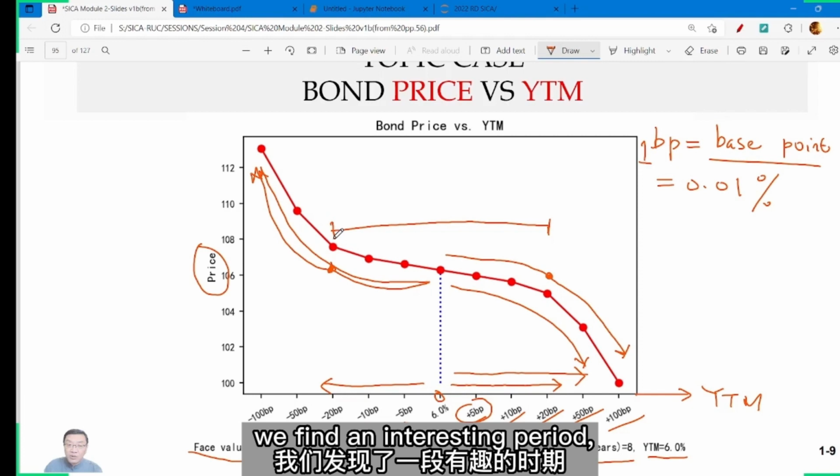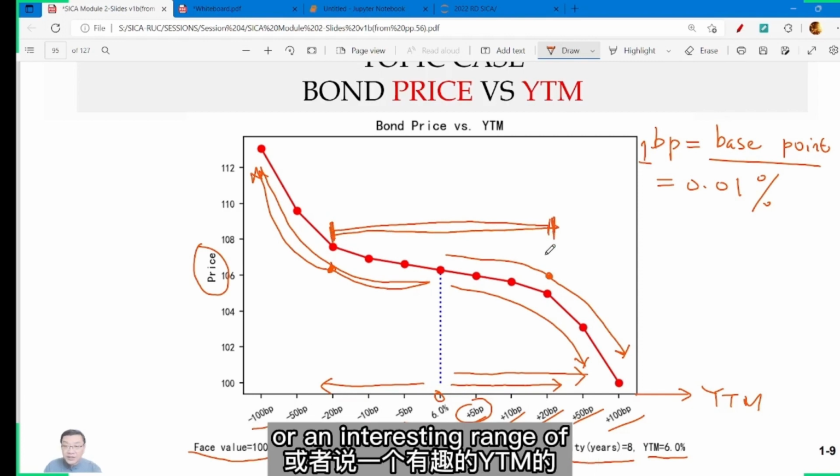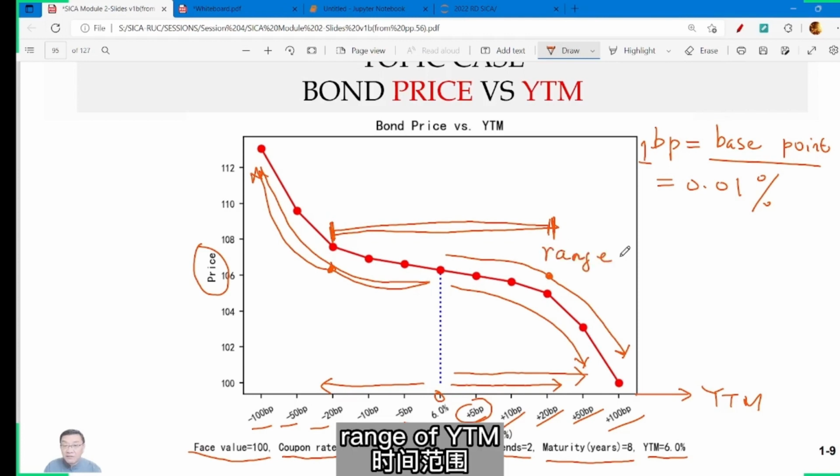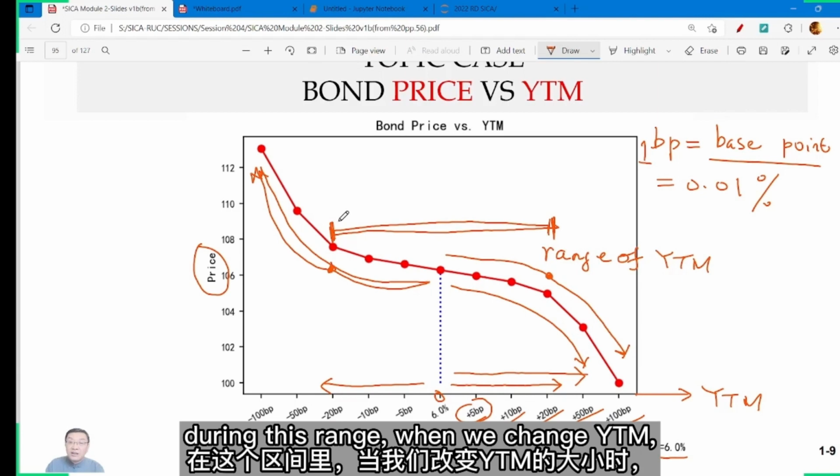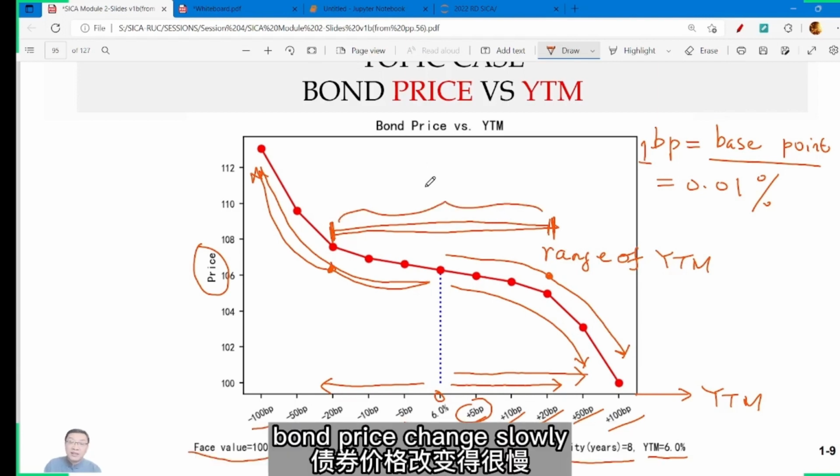We find an interesting range of YTM. During this range, when we change YTM, bond price changes slowly.